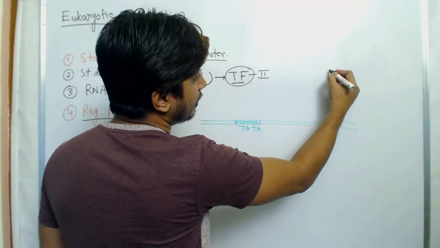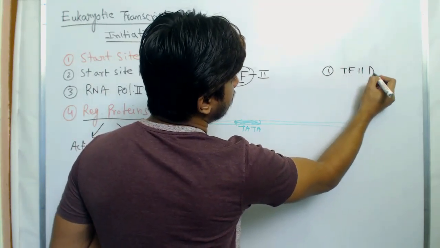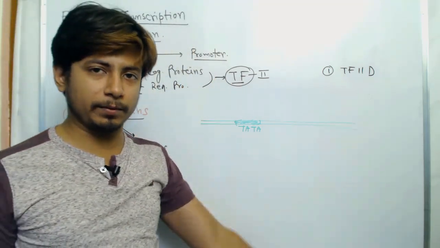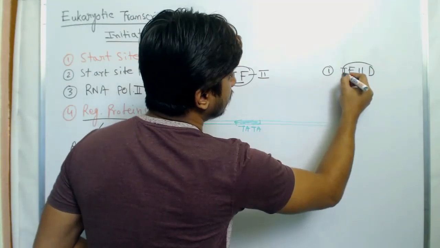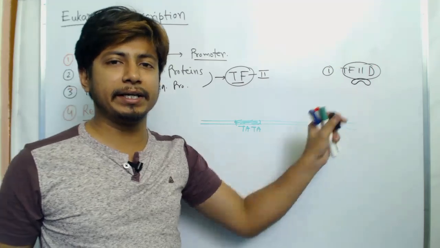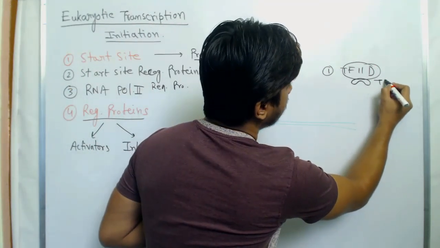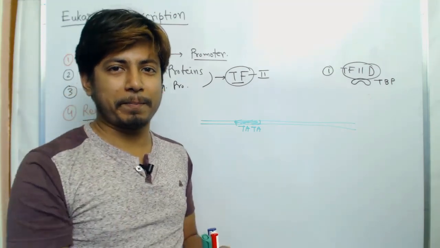So I'll write it from here. The first thing is TF2D. This is the first protein that will be involved. TF2D, if we draw the structure of TF2D, has a specific DNA binding region. This is known as TBP, Tata box binding protein.